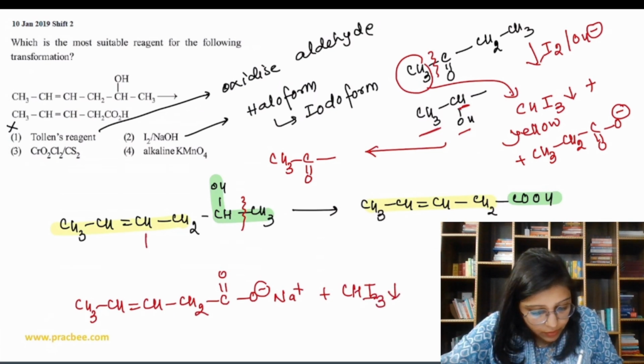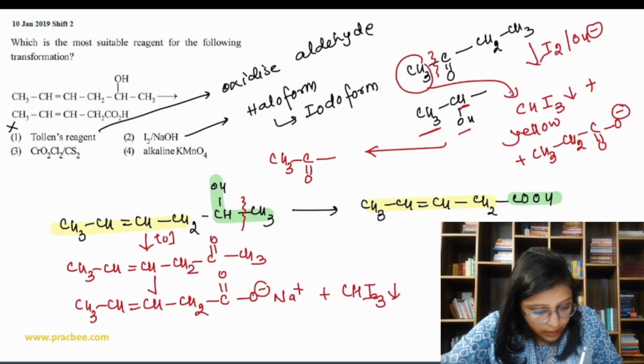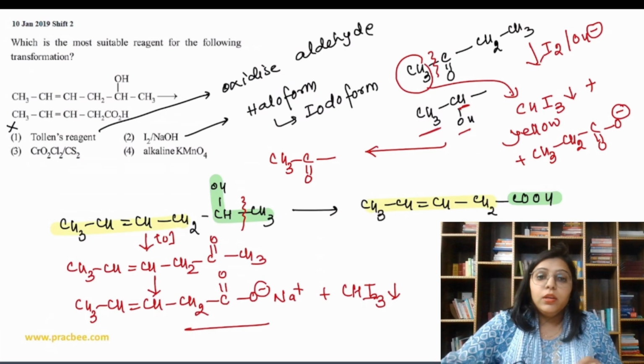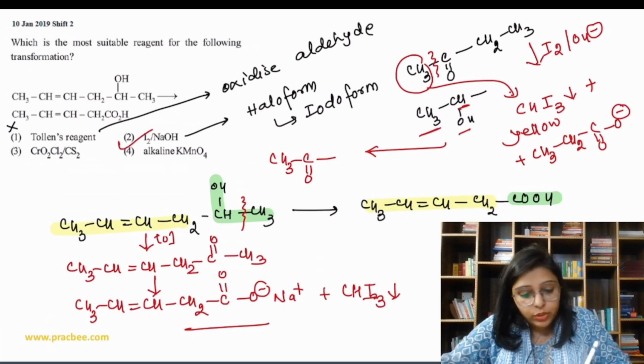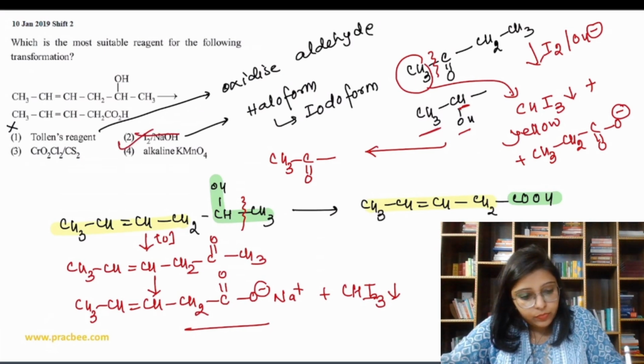Understood? It means first we are going to write this thing CH3CH, then CH2 C double bond O CH3 on oxidation, right? And then we get this one. So it means the answer is going to be option number 2.